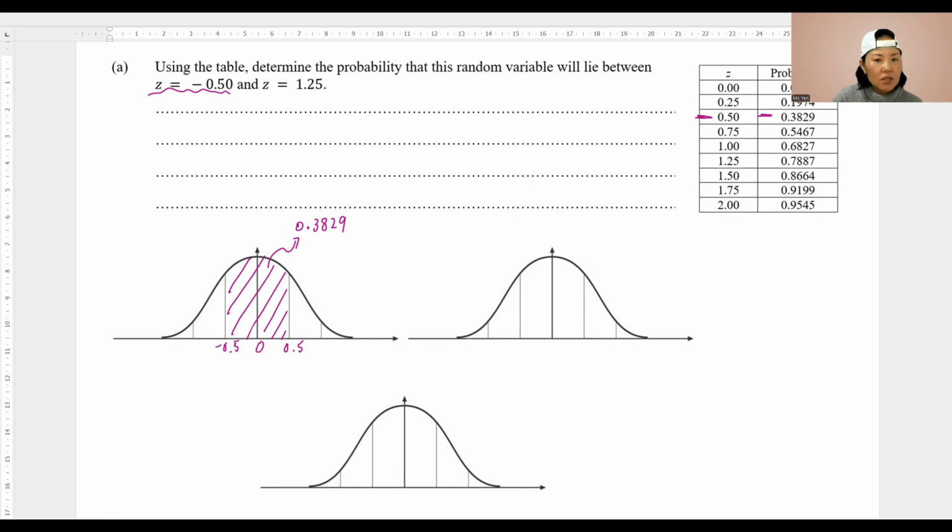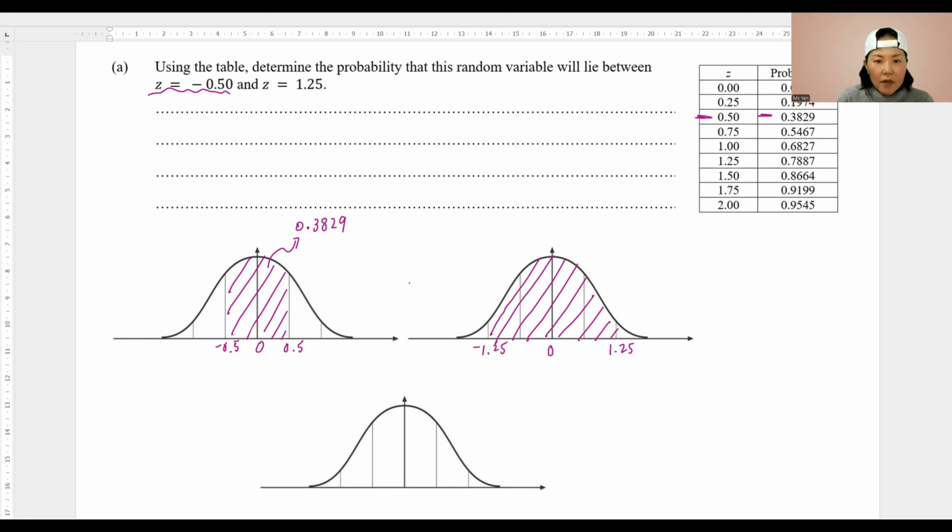Okay, we can't just jump into the negative 0.5 to 1.25 because they're symmetrical. We have to go one at a time. So second bell curve, negative 1.25 to 1.25. Obviously, the mean is 0 here. So here, my probability represents the area between these two z-scores.